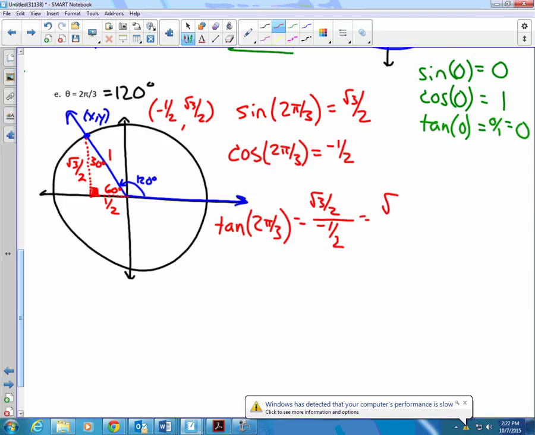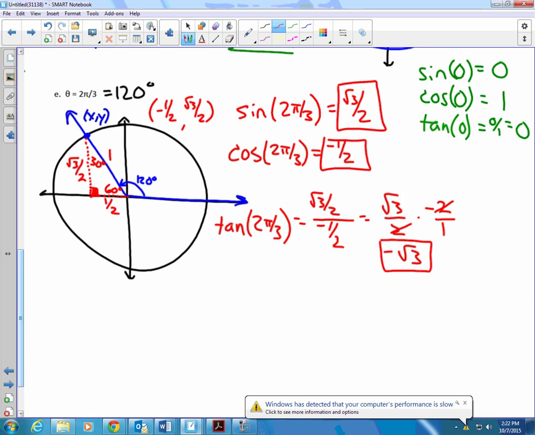So I take square root of 3 over 2, and instead of dividing by negative 1/2, I multiply by negative 2 over 1. Now, what happens to the 2's? They go away. I'm left with negative root of 3. So those are my values.